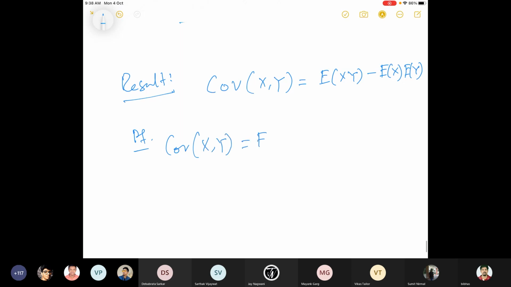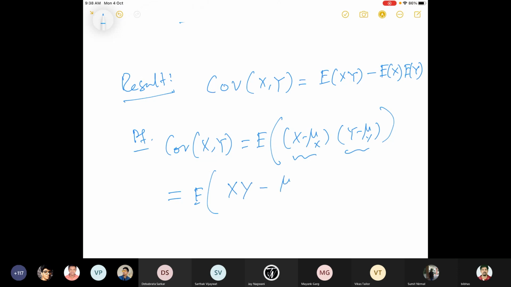According to the definition, it is the expectation of X minus mu X times Y minus mu Y, which is the expectation of, just multiply this out, X times Y minus mu X Y minus mu Y X, where mu X and mu Y are just numbers, plus mu X mu Y.